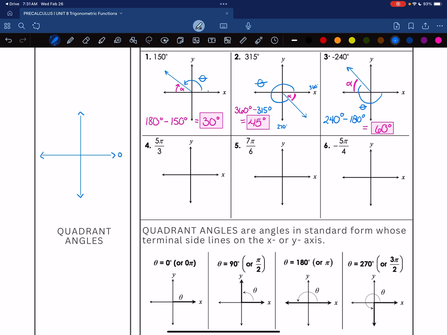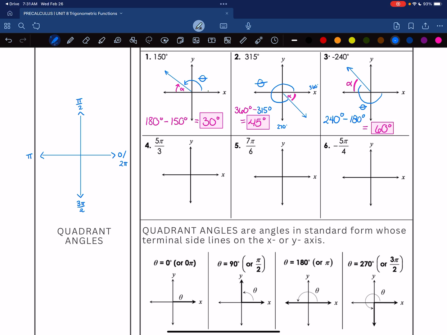A full revolution is 2 pi, which means half of a revolution is 180. Half of that would be pi over 2. And 270 degrees is actually 3 pi over 2 radians. So this helps us to think this through. So let's go ahead and begin.